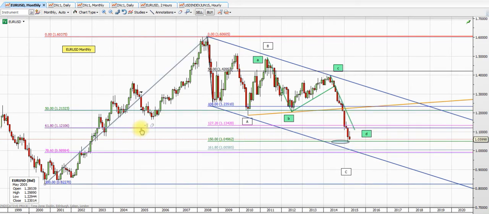We've broken through the 61.8% Fibonacci confluence area, which was basically close towards the 127.2% extension level. So now we think that we're going to be looking towards this Fibonacci confluence area, which is a 78.6% pullback and a 161.8% extension.